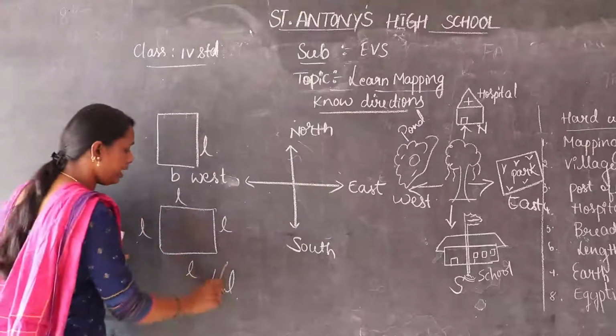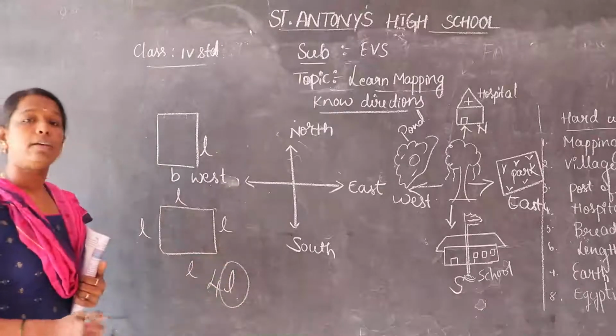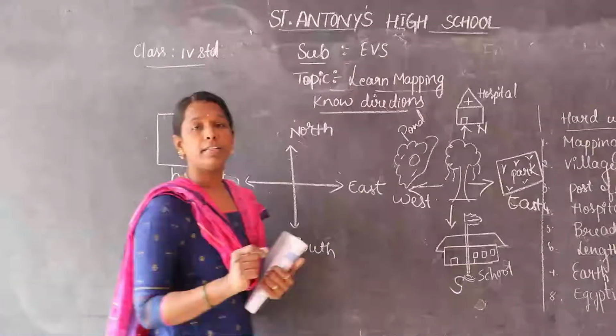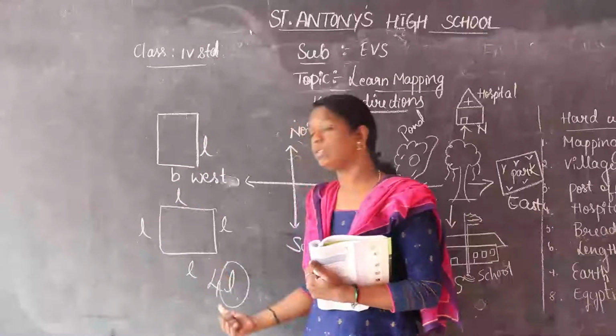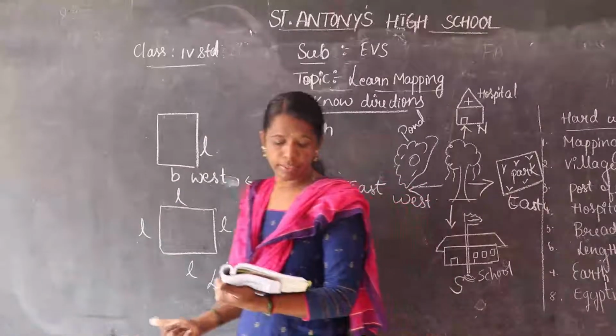So 4 into L. L means what? Length. So we calculate the perimeter of a square using the formula 4 into L.